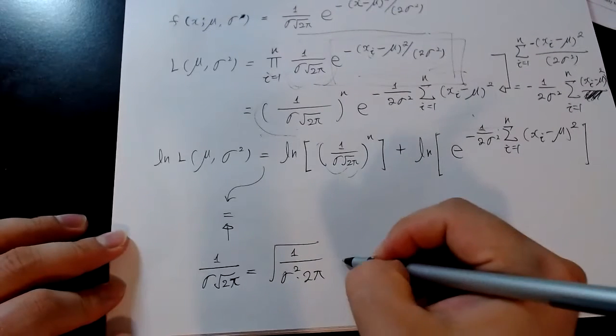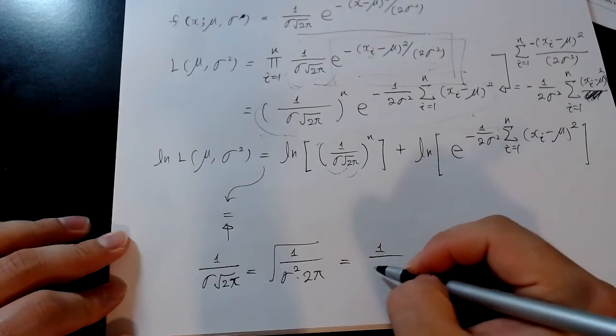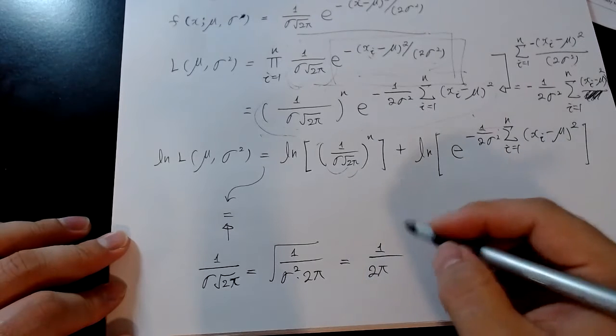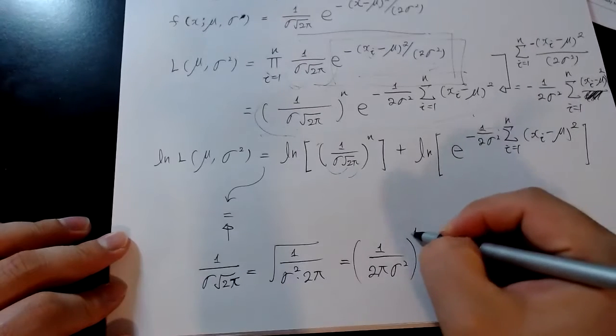So now that is equal to 1 over 2 pi sigma squared, it doesn't matter. So let me write down (2 pi times sigma squared) to the 1/2.